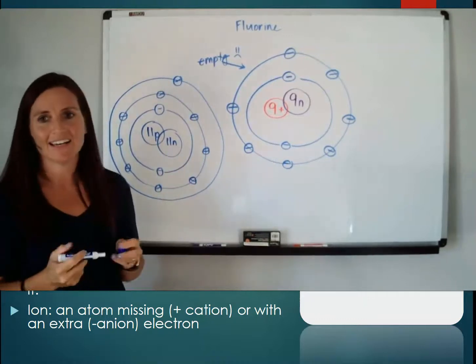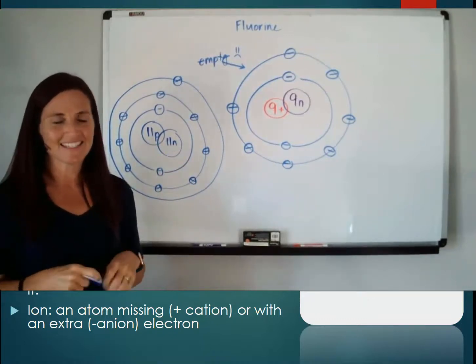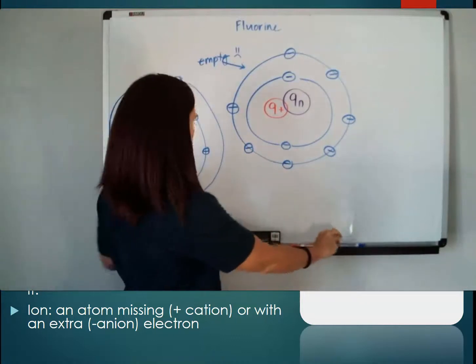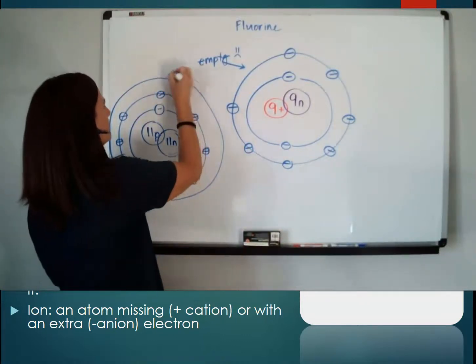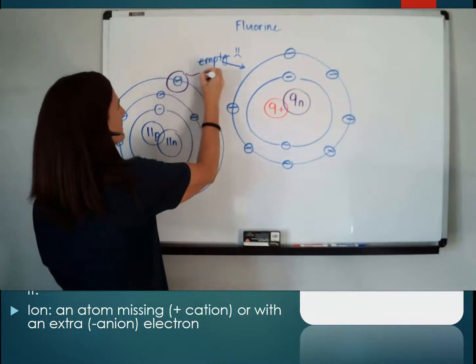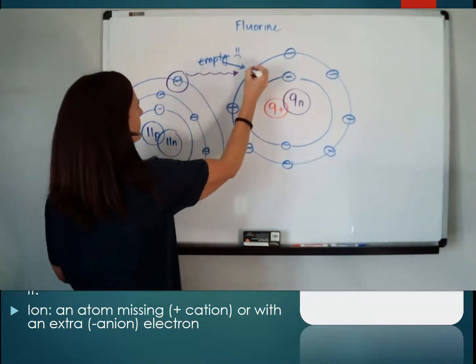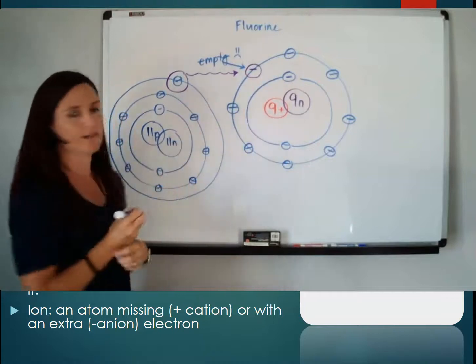And here is a good setup, right? This is a really good situation for both of these guys. What's going to happen is sodium is going to give this electron to fluorine.